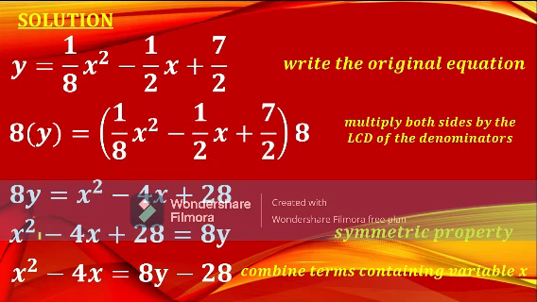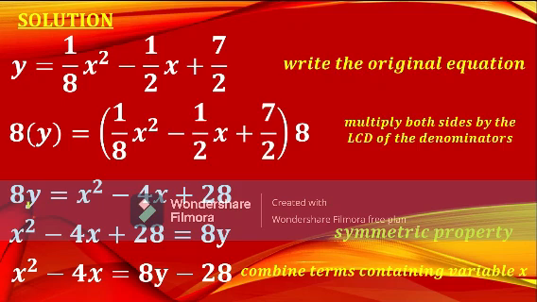Okay, so x squared minus 4x plus 28. After this one, we're going to have it this way: x squared minus 4x plus 28 is equal to 8y. Symmetric property, we just simply interchange the right and the left side of the equation. So no need to change the signs of the terms.